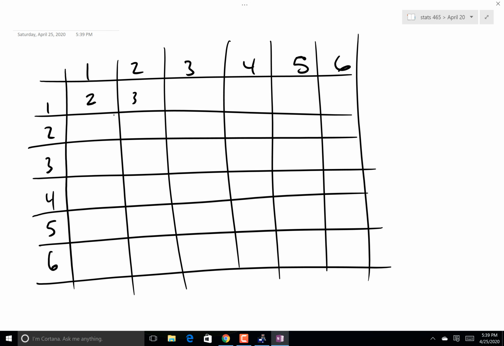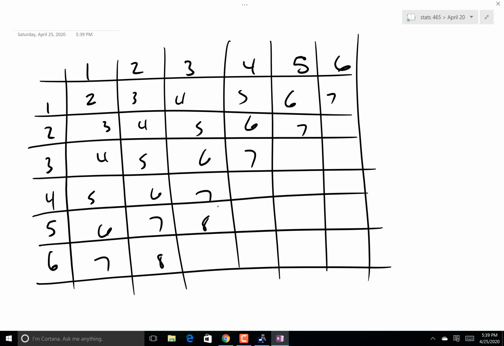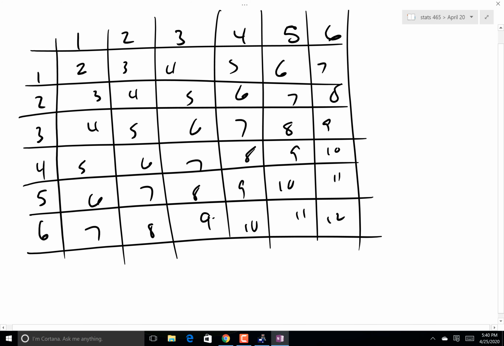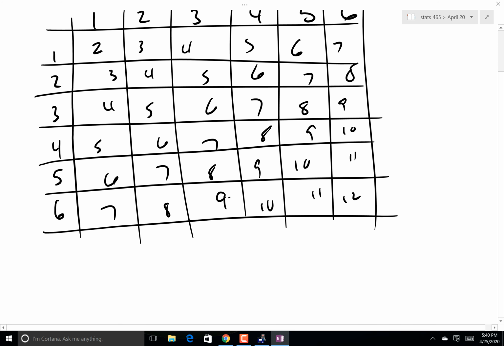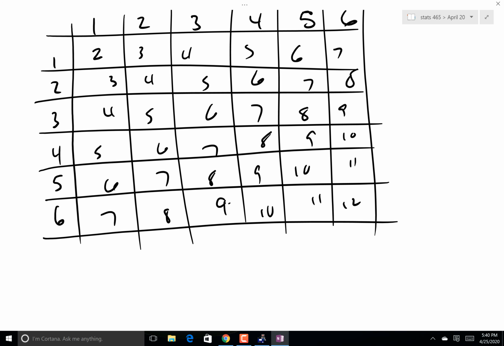You can get a 2, a 3, 4, 5, 6, 7, 8. Right? There are 36 outcomes in there. Is that true? So probably each one of these is 1/6.